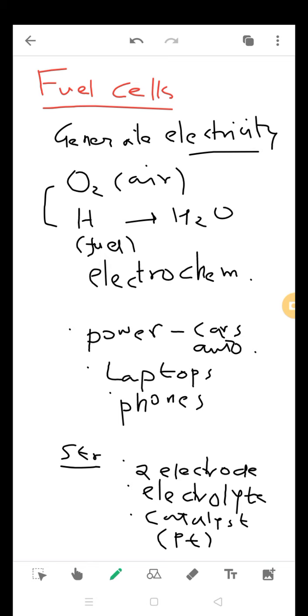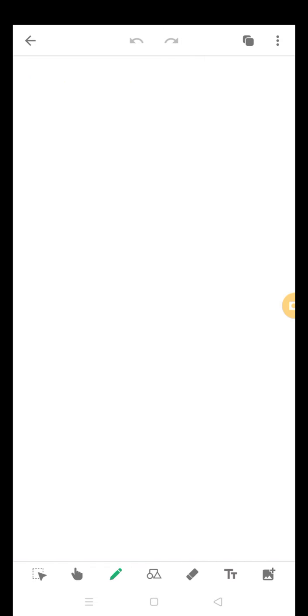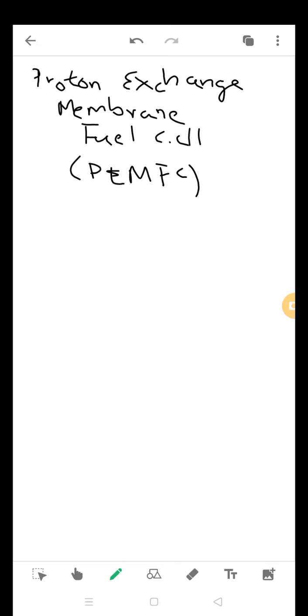Now there are different kinds of fuel cells. We will first talk about a fuel cell called the proton exchange membrane fuel cell. It's called PEMFC.